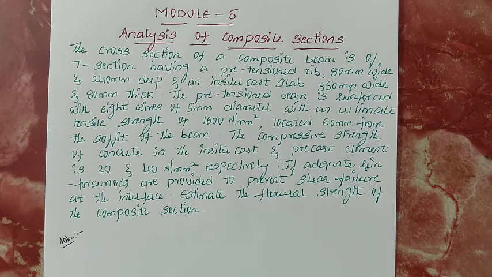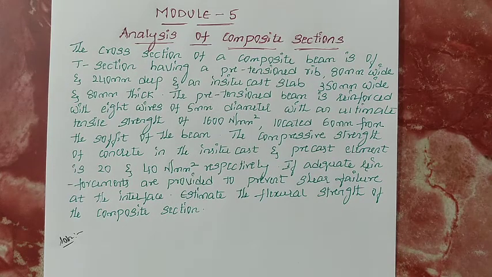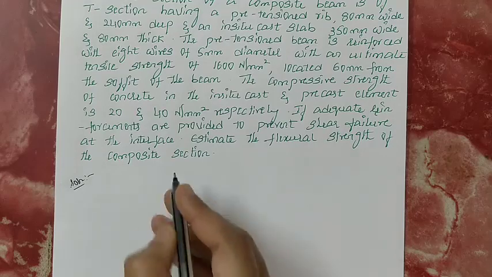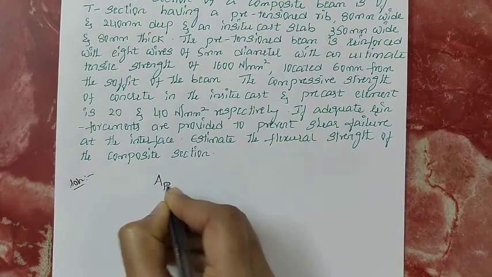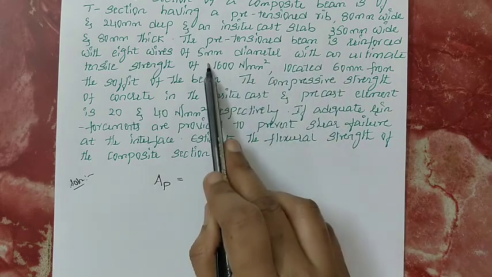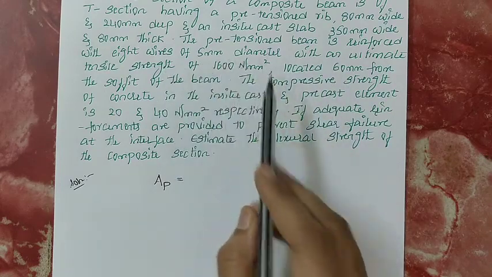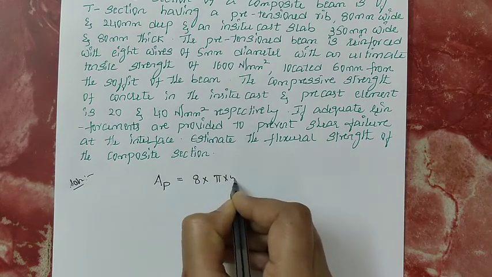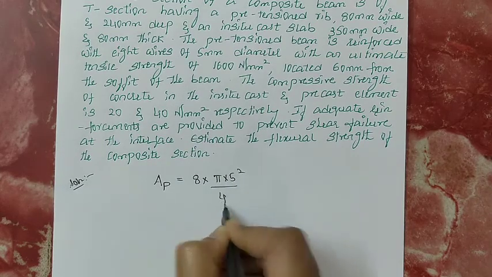Okay, the first thing, calculate the area of the pre-tensioning steel, that is AP. That will be equal to, what they have given, 8 wires of 5 mm diameter, that is pi into 5 square divided by 4.